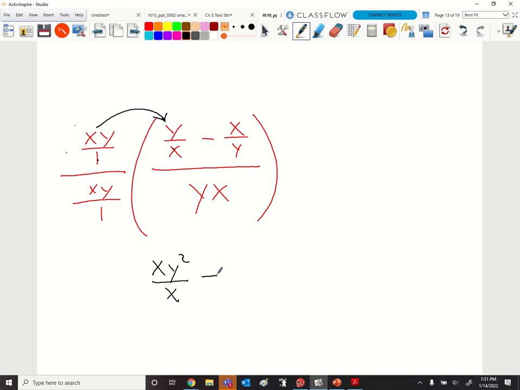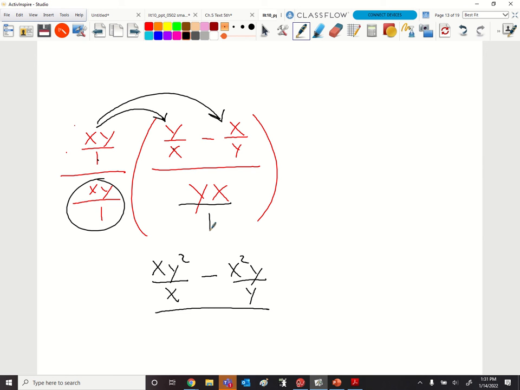And now minus, I'm going to do the same thing over here. When I do this one, it's going to be x times x is x squared, very good. And y on top over y on bottom. Okay, so you just throw the Y in at the end? And you'll see. On the bottom, when I distribute, it's x squared, y squared, like that. So that's the bottom.